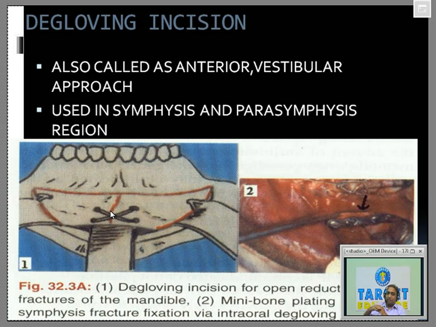The deeper suturing is done with the help of absorbable suture material like Vicryl or catgut, maybe plain catgut or chromic catgut. But the suturing done on top, that is mucosa to mucosa, is done with 3-0 black silk, or 3-0 mersilk. Okay, that is a non-absorbable suture material.